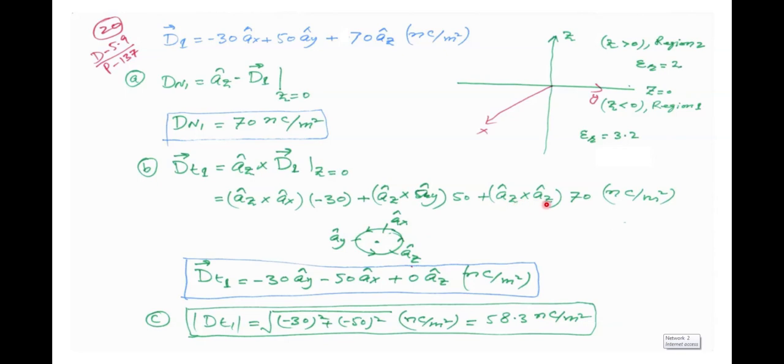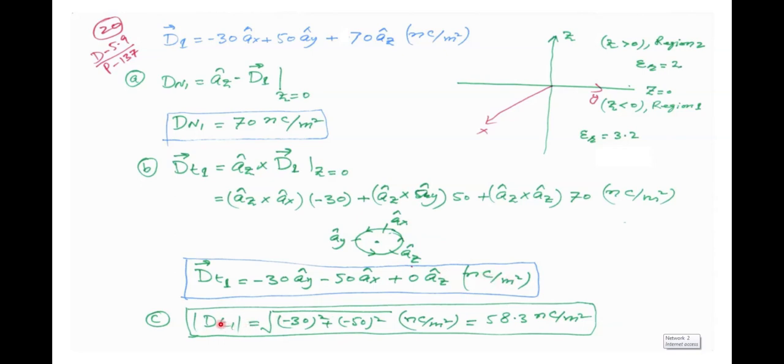And AZ cross AZ unit vector equal to 0. So we obtain the tangential component of D1 field in vector form equal to minus 30 AY unit vector minus 50 AX unit vector and 0 component along the z direction, because the cross product of AZ unit vector with AZ unit vector equal to 0, in nanocoulomb per square meter.